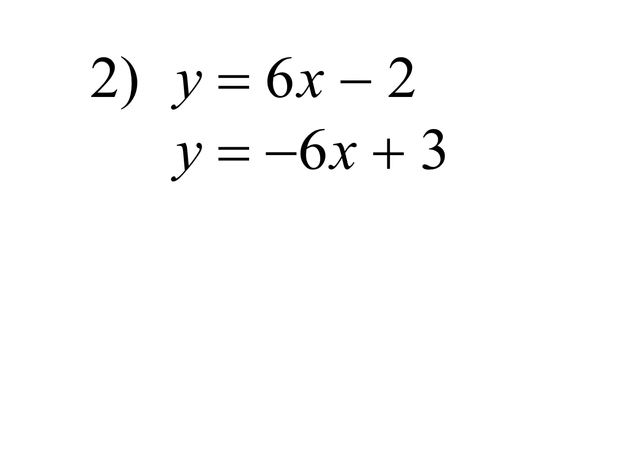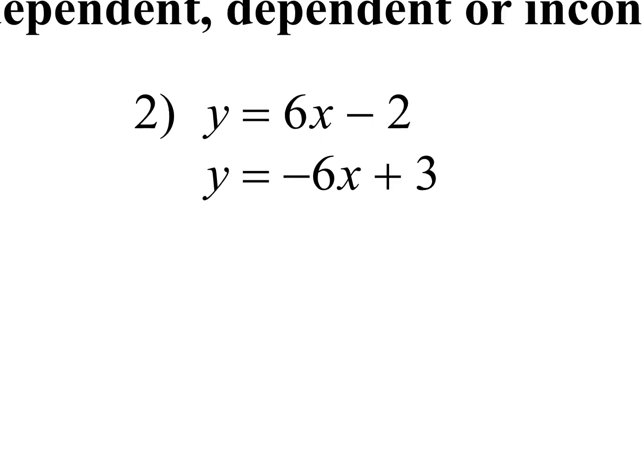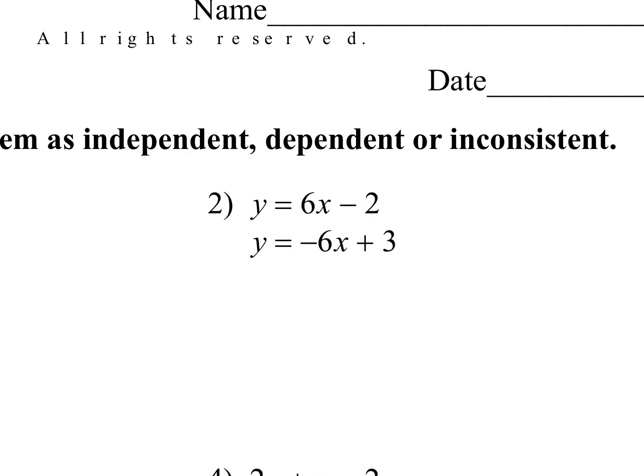So for number 2, I have to determine if it's independent, dependent, or inconsistent. What do I know about the slope and the y-intercept if it's independent? Different, different. So different slope, different y-intercept. What about if it's dependent?